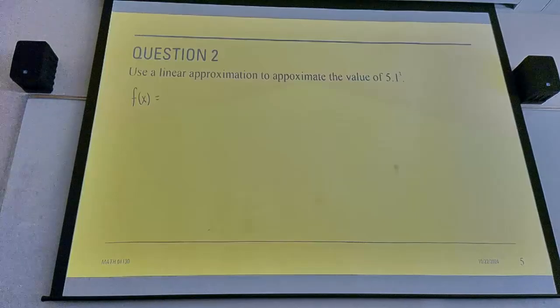F of x equals what? What should A be? What's F prime? Evaluated at 5.